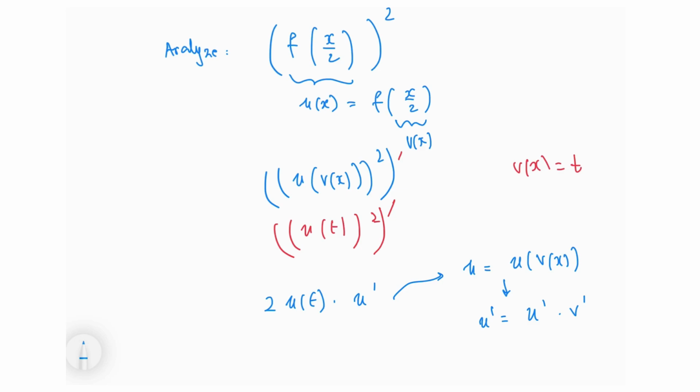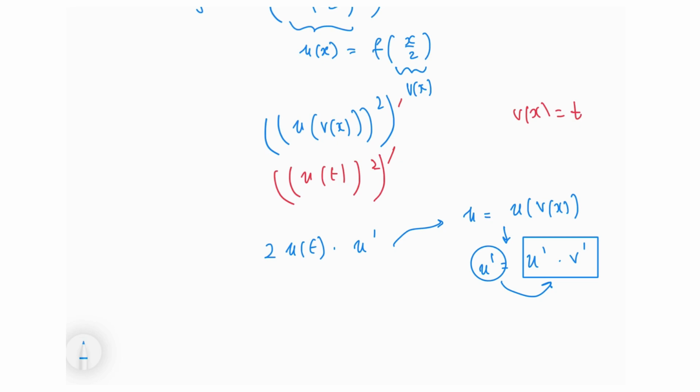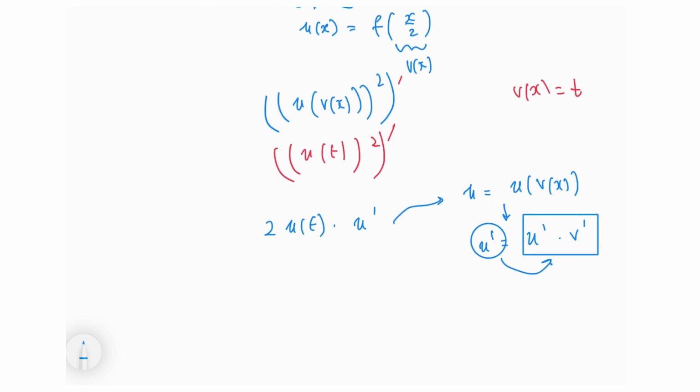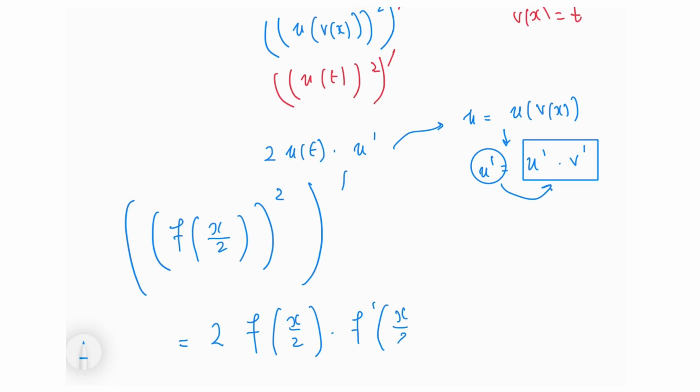Okay, so this is according to the rule of the derivative of a composite function. In our case, therefore, we will have f of x over 2 and then square, and the derivative of that is 2 f of x over 2 times f prime x over 2 times the derivative of x over 2.